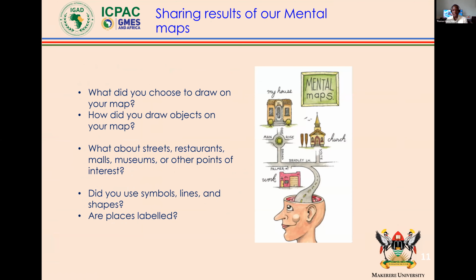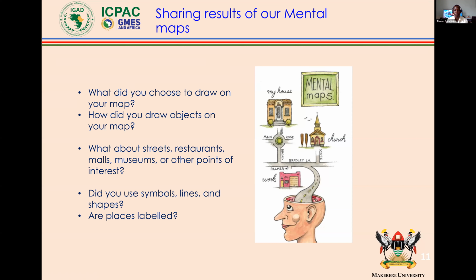So I'm just going to project to you someone's mental map. Let's say this was my mental map, okay? The questions you should be asking yourself, looking at your mental map, are: what did you choose to draw on your map? Some people drew a church, school, buildings, roads, kiosks.